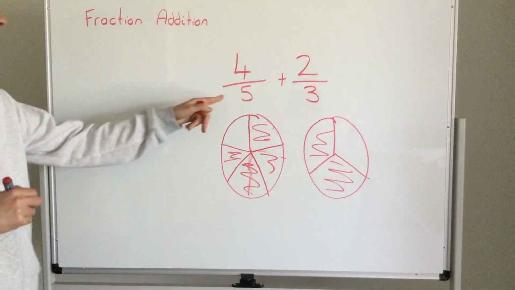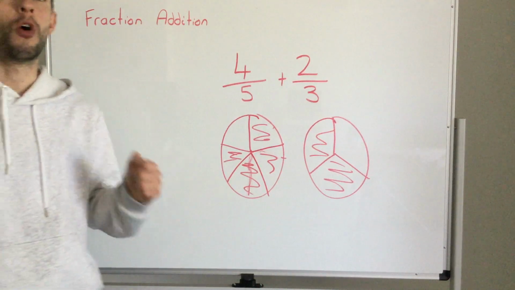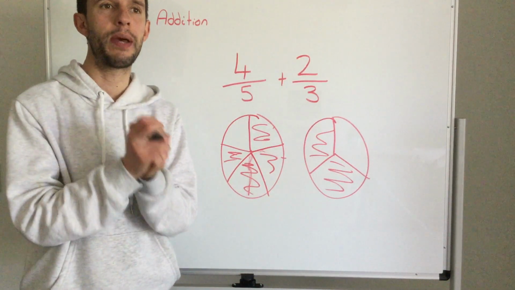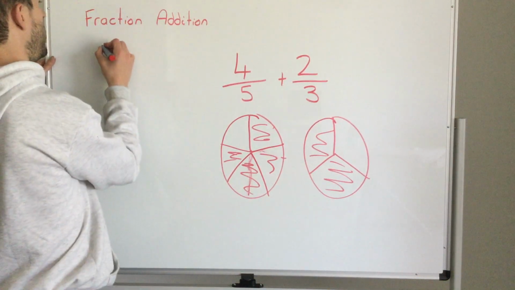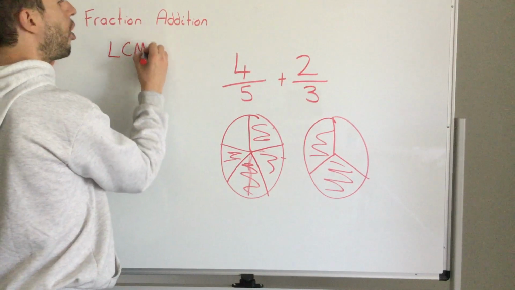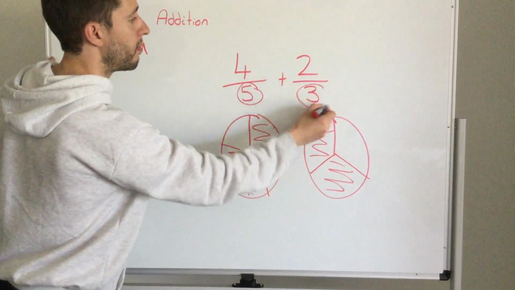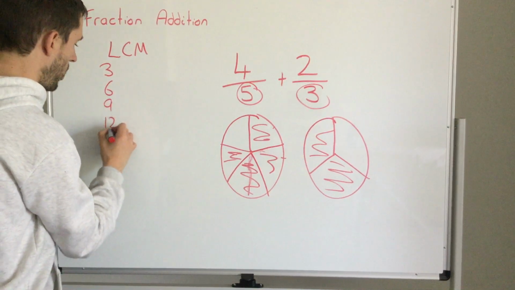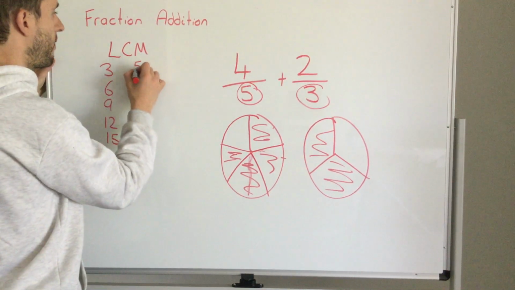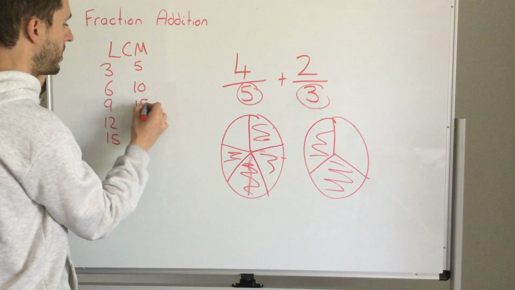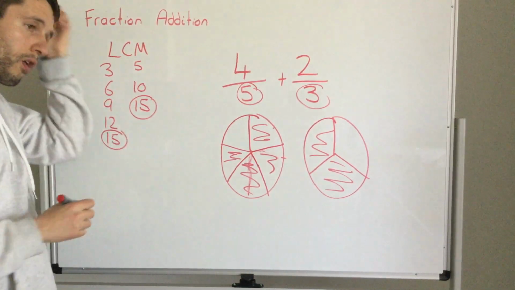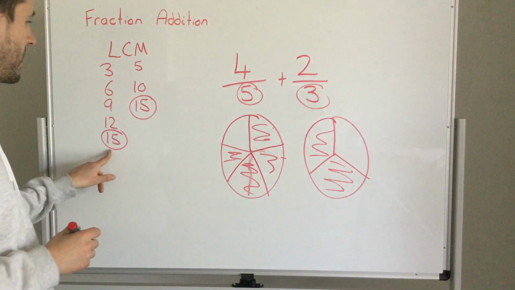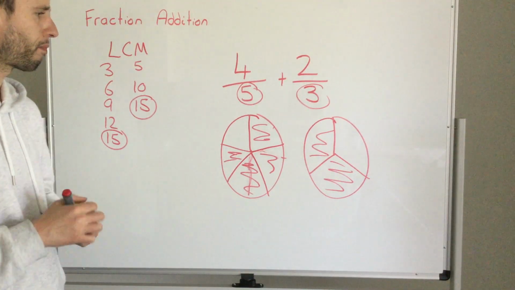We had to think about the lowest common multiple, how to make our pieces the same size. So the lowest common multiple of our denominators: 3, 6, 9, 12, 15; 5, 10, 15. So our lowest common multiple is 15 today.